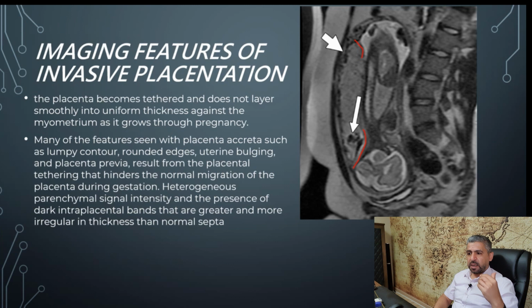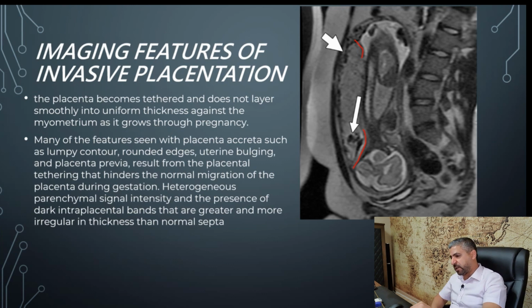And it has, of course, placenta previa, which was the main feature to suspect the presence of placental invasion. You might see placenta previa because of the placental tethering, the parenchymal signal intensity and the presence of dark intraplacental bands are greater than normal, and they are irregular in thickness compared with the normal septation.